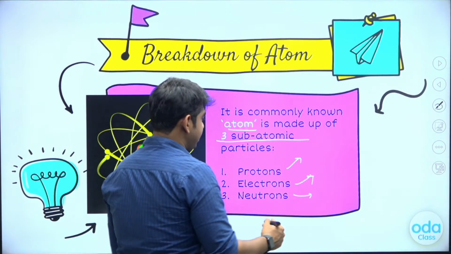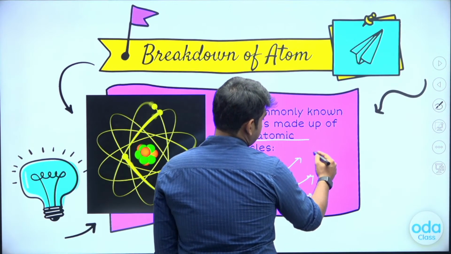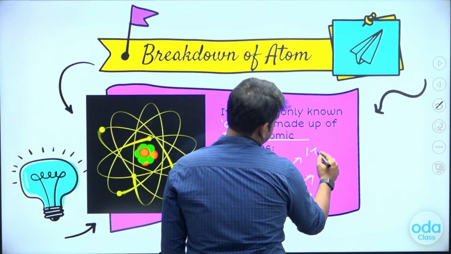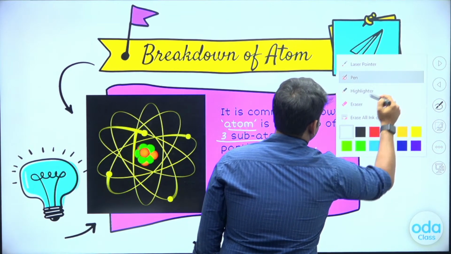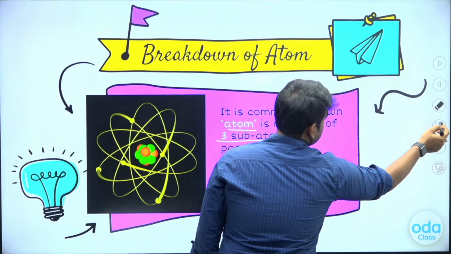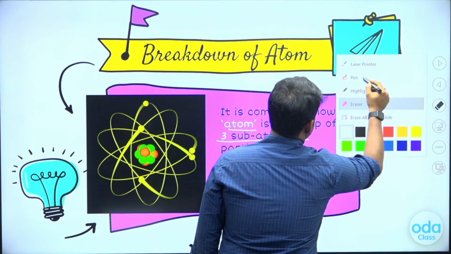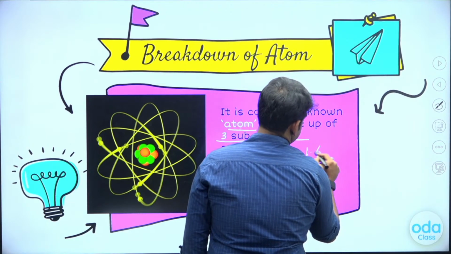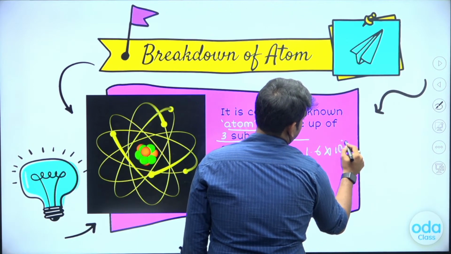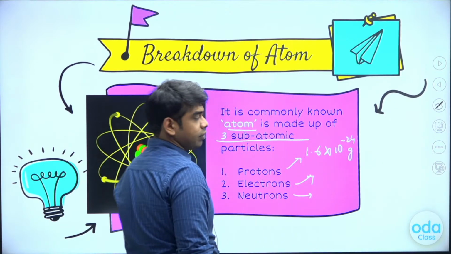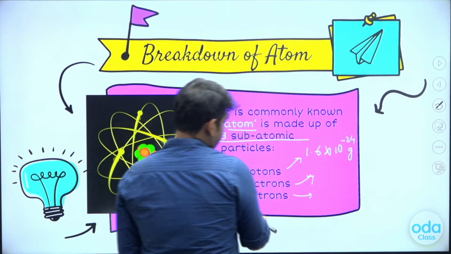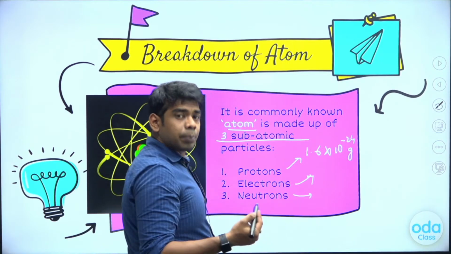So if you are writing the mass of a proton, you can write this as 1.6 into 10 raised to the power of minus 24 grams. First thing. If you look at the mass of a neutron, it is approximately the same.